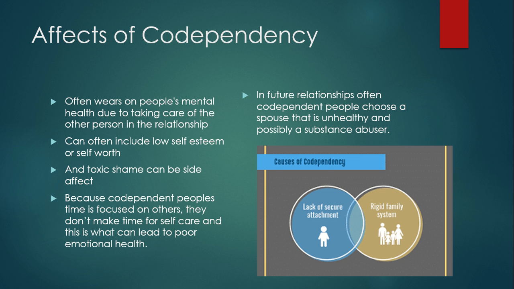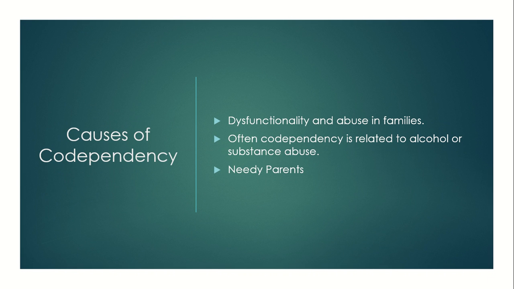And as you see in this, the causes of codependency are a lack of secure attachment and rigid family systems. Overall, the research often points to dysfunction and abuse in families.